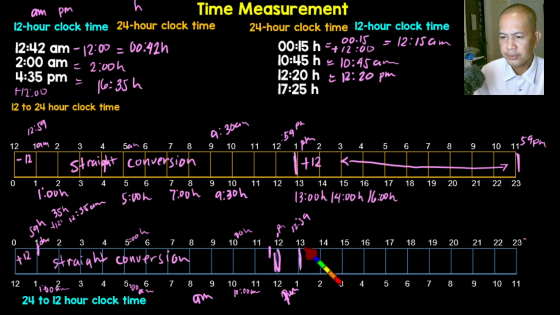Next, from 1300 hours to 2300 hours, we're going to subtract 12 to get the 12-hour clock time.